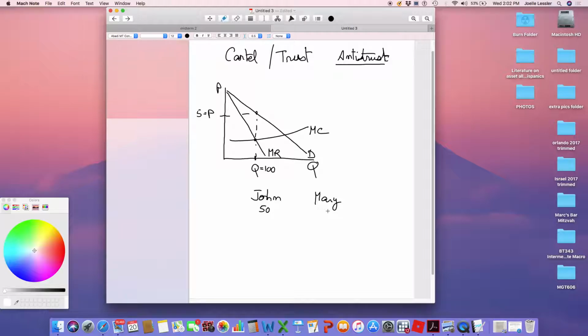So John is supposed to produce 50, Mary is supposed to produce 50, and as a result, the price will be $5, because the quantity in total is 100. And incidentally, let's assume that, you know what, I'll make this simpler.